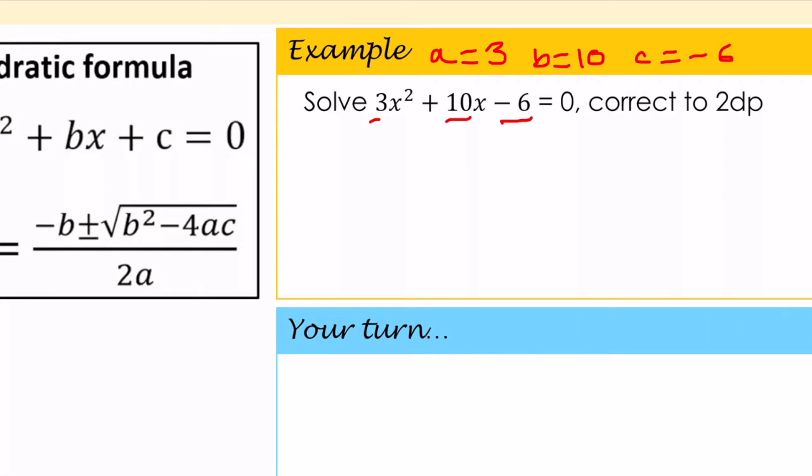So we've got minus b, so I'm going to write minus 10 plus minus square root of b squared, 10 squared, minus 4 times a, which is 3, times, now c is a negative.